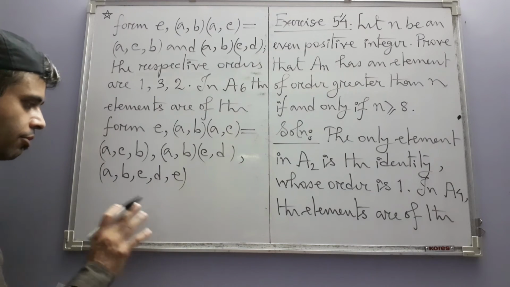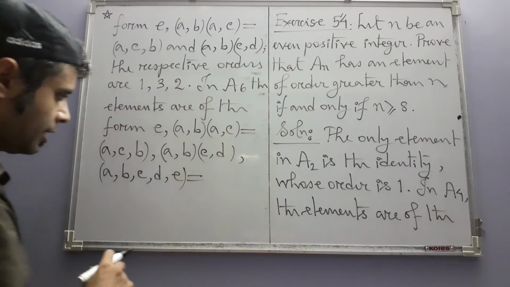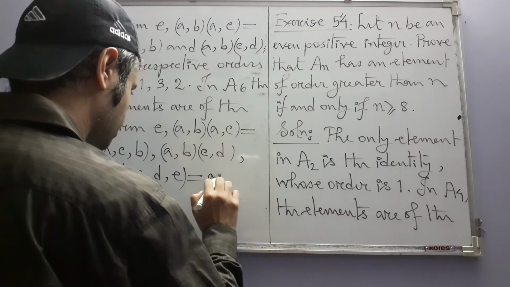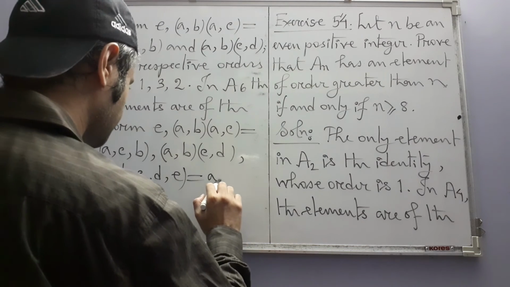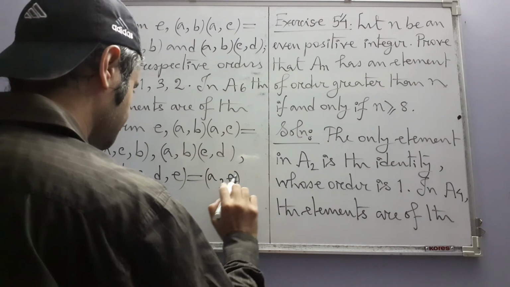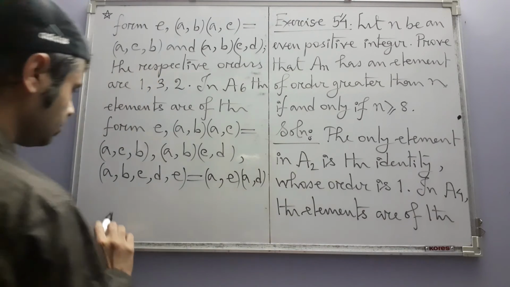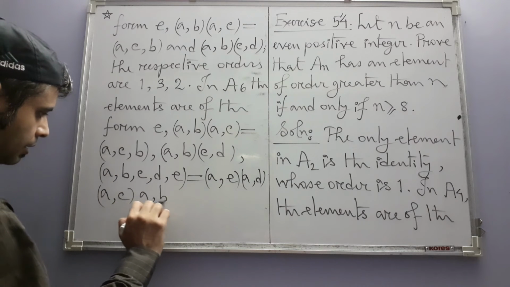A cycle of odd length actually is even, but let's also write why it is even. We express it as a product of 4 2 cycles, and that's why it's even: AE, AD, AC, AB.